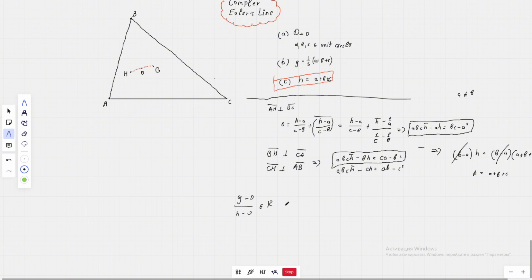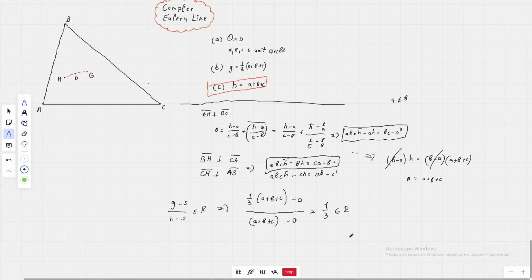If we put their coordinates here, we get that G is 1/3 (A plus B plus C) minus 0, as O's coordinates, like the circumcenter's coordinates, are 0, over A plus B plus C minus 0, which equals 1/3, and obviously it's a rational number.